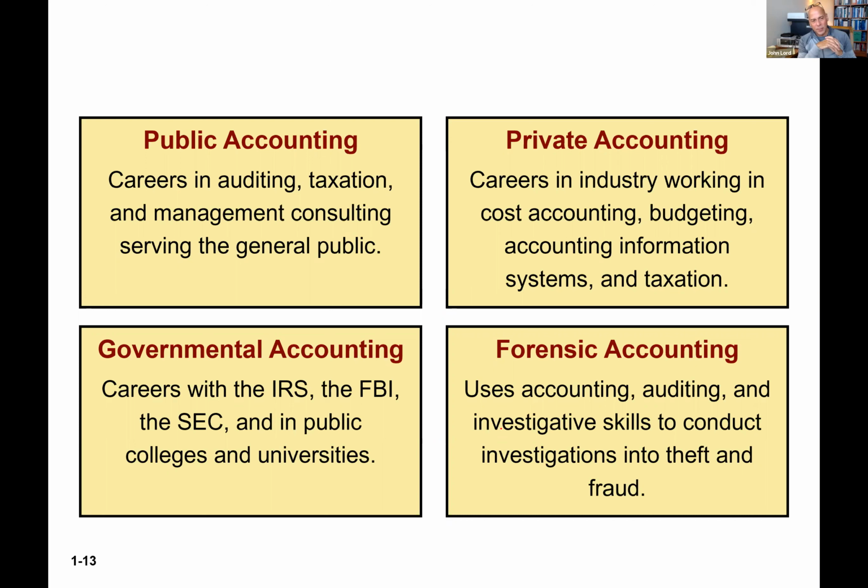The FBI tells you, follow a crime, follow the money trail, and you'll get to the bottom of what's going on. Well, the FBI looks for accountants. If you combine language skills, Spanish, Vietnamese, Chinese, with accounting, the FBI would like to give you an opportunity.